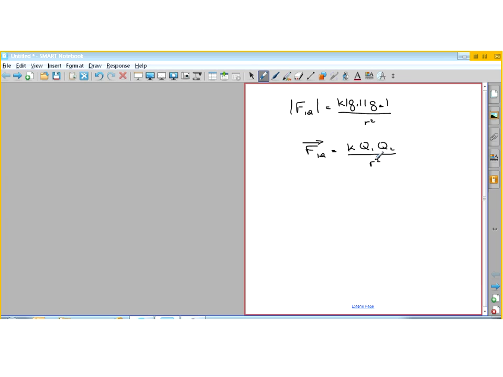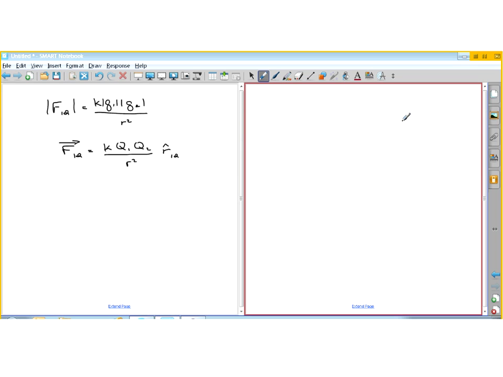Now these are still scalars. These are going to be charges in coulombs or microcoulombs. But then you multiply by this little R hat 1,2. So what the heck is that? Let's say we have a point charge here, and we have a point charge right there.